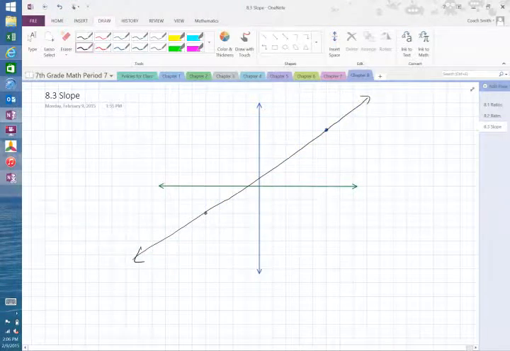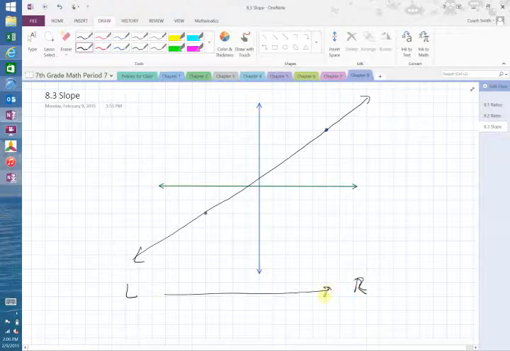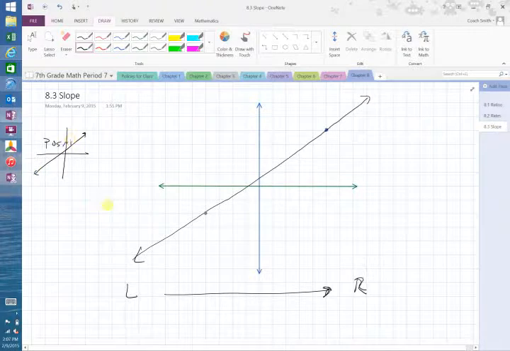Okay. Let's say that's our line, and they want to know the slope of that line. Well, first of all, when you're looking at slope, you're looking at how we read from left to right. If the line goes uphill from left to right, in other words, here's our graph, the line goes like this, that would be positive slope.